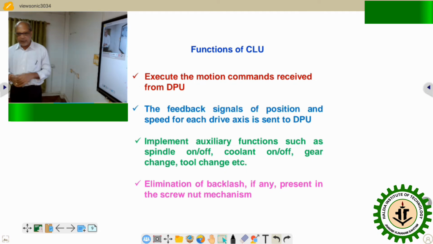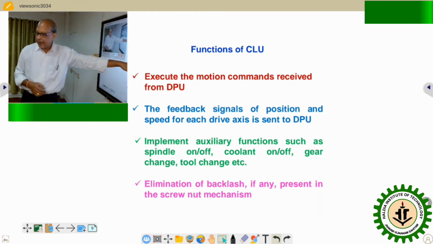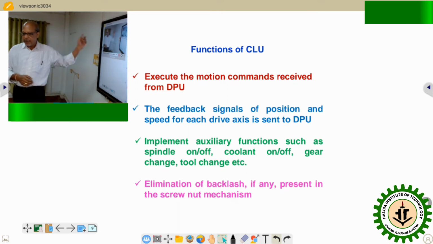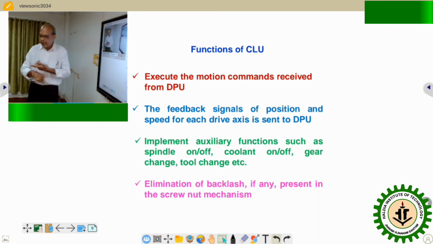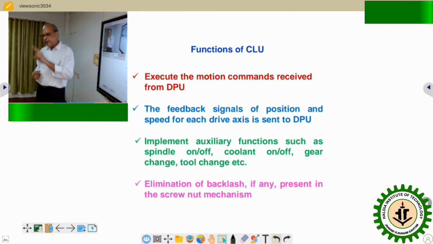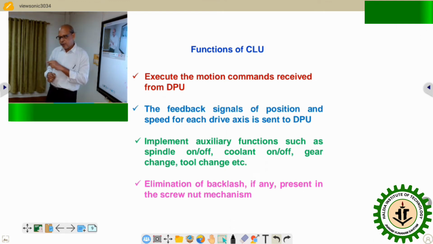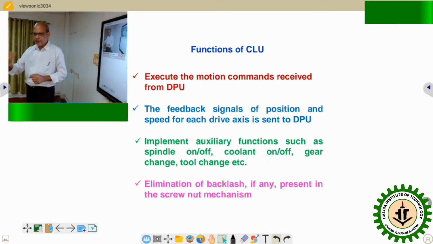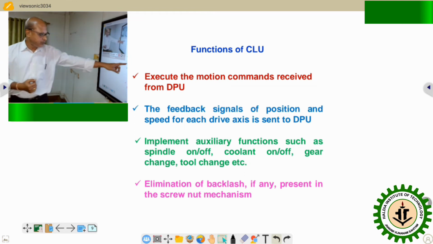Mind that for each drive axis, in that exploded view we had seen that for a milling machine there are two separate axis systems, X and Y. So for each axis there will be a separate closed loop control system, and for each axis there will be two different feedback devices or transducers, one for position measurement and another for velocity. That is why the term each axis is important.